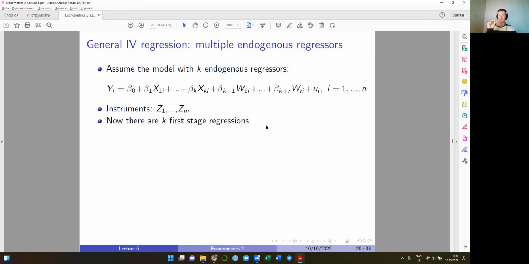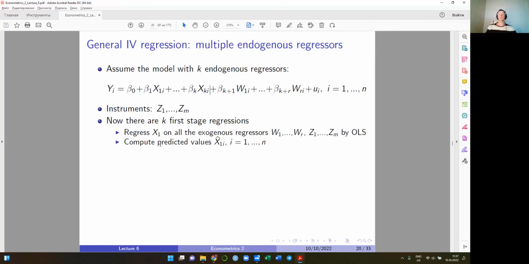Every endogenous X must be regressed on W's and instruments z1, z2, and up to zm.